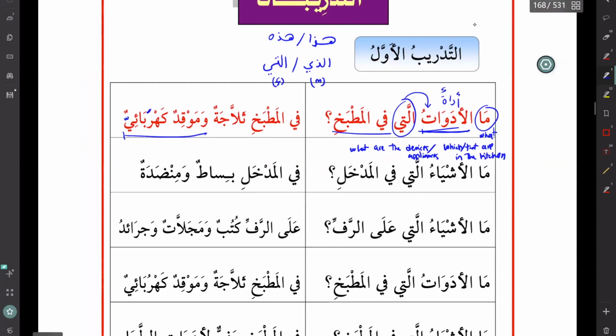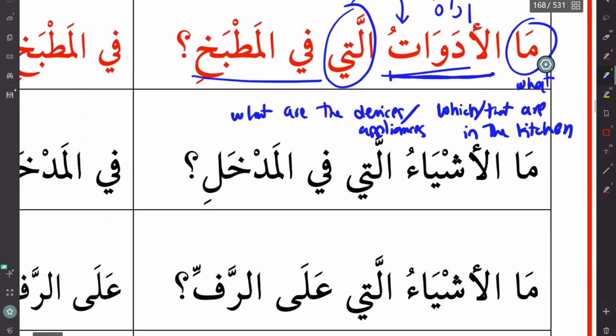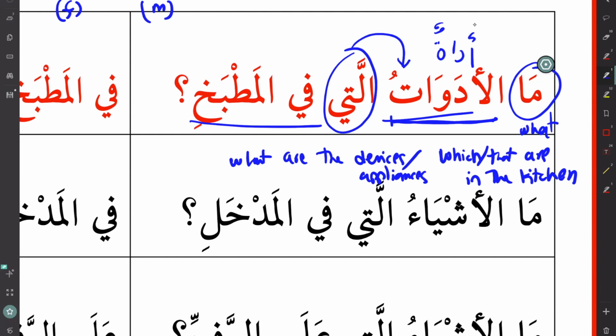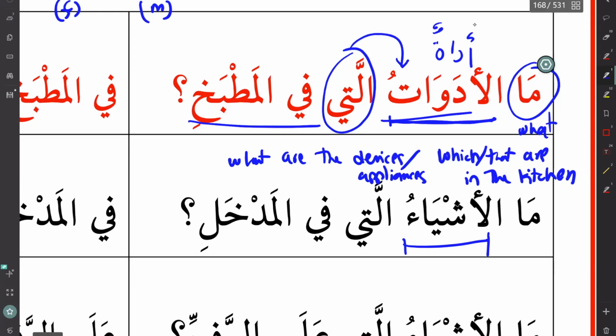Now, the next one we have ما الأشياء التي في المدخل. It's quite the same structure as we had before. The only thing that changed is instead of saying al adawat, it's saying al ashya'u. So saying what are the things that are in the, what is madkhal? Entrance. Okay, entrance.